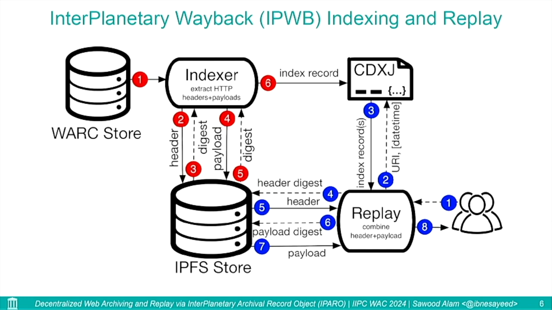This is our initial implementation of a decentralized web archiving solution called InterPlanetary Wayback. It kind of works similar to how the regular Wayback Machine works, except in this case, the indexer component ingests WARC records and stores individual WARC data into the IPFS network.